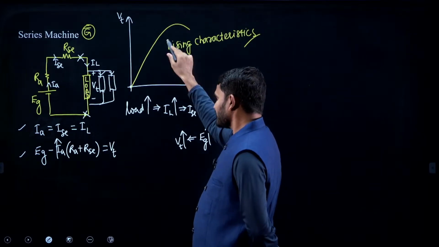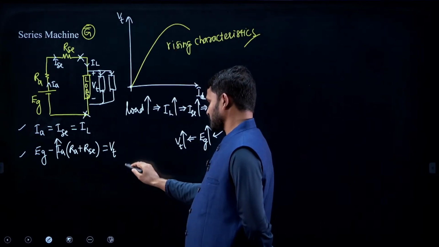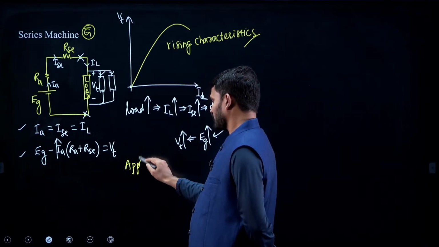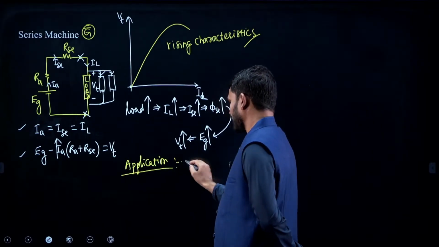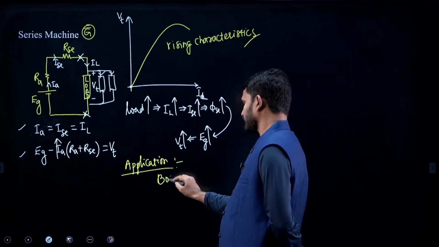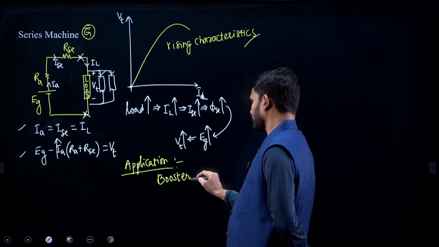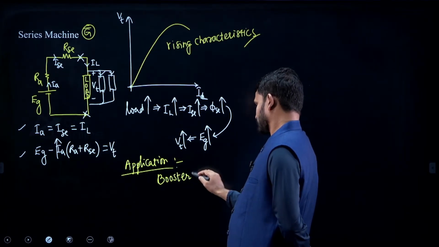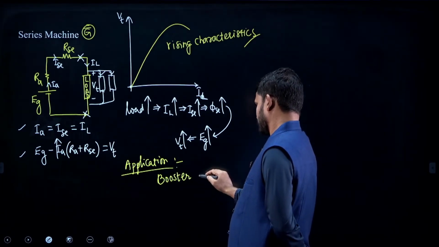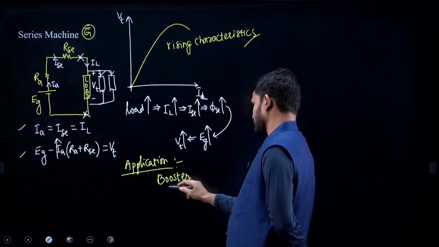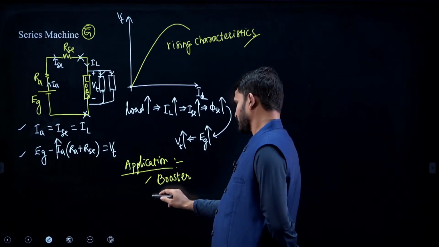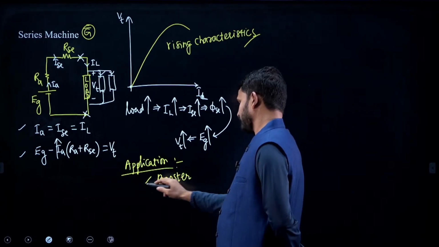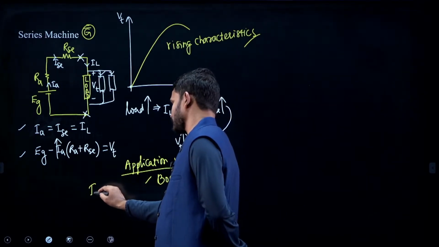Okay. So, because of this reason, we can use this series generator as a booster. You can use it as a booster, boosting the voltage in an HVDC transmission line.